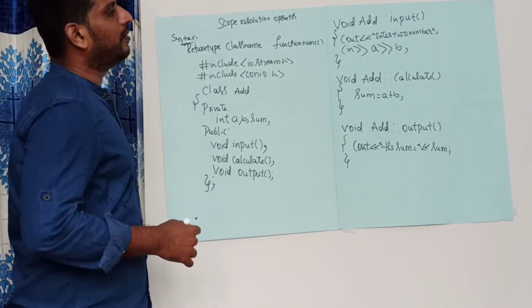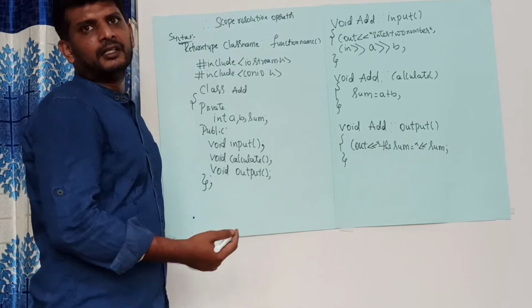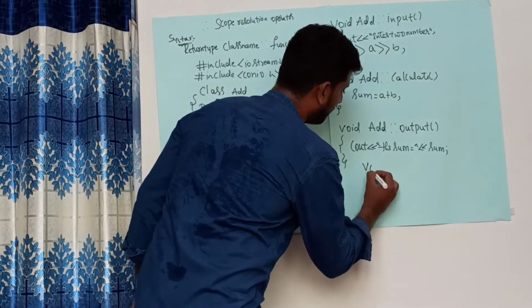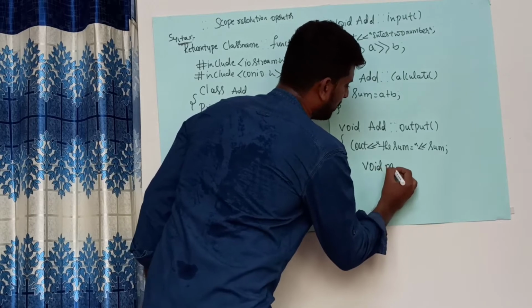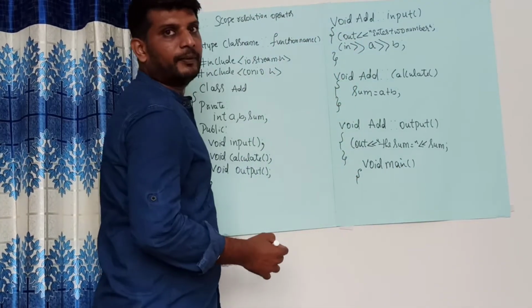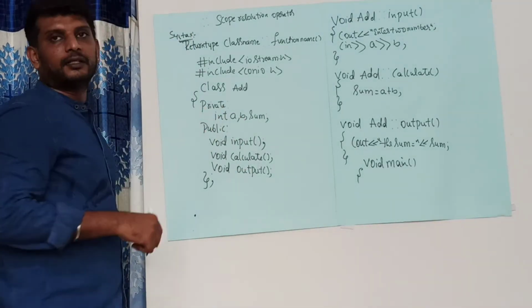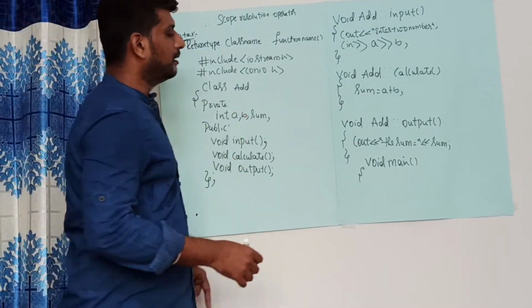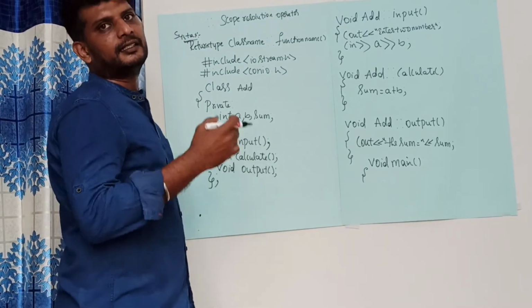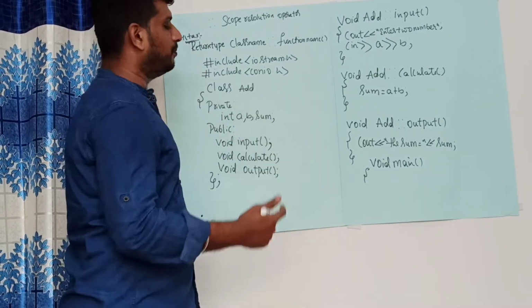Next, what I have to do is call these functions, so I have to define the object. So again, go for the main function, void main. Inside the void main, I want to create the object. The object can be created by using the syntax: class name followed by the object name.